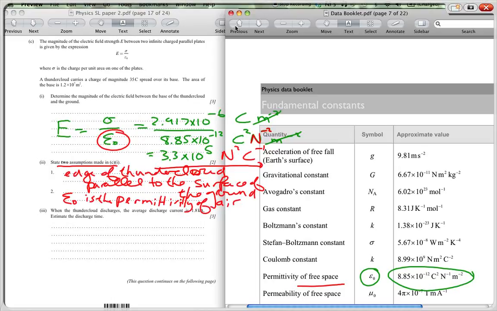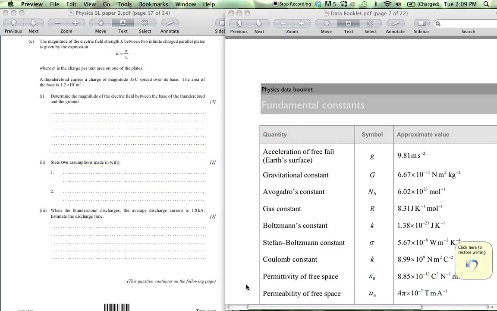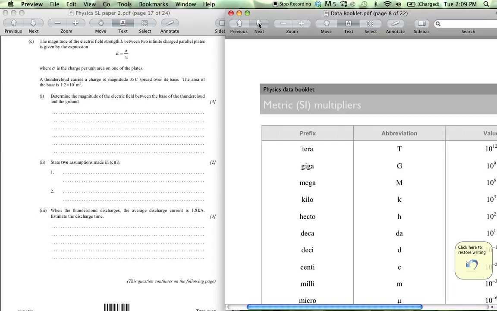Then it says 3, when the thundercloud discharges, the average discharge current is 1.8 kiloamp. Estimate the discharge time. Now let's just close this and go back to where we were.